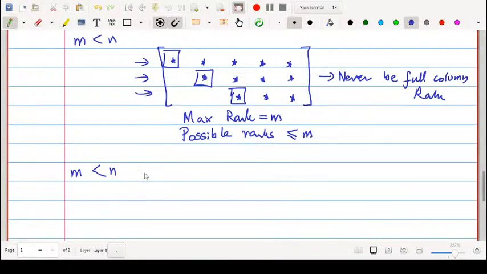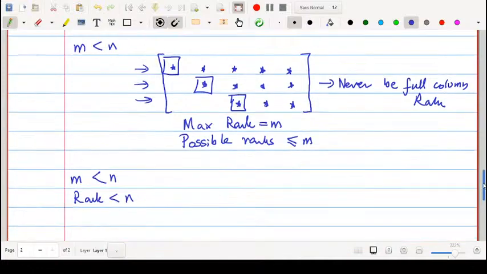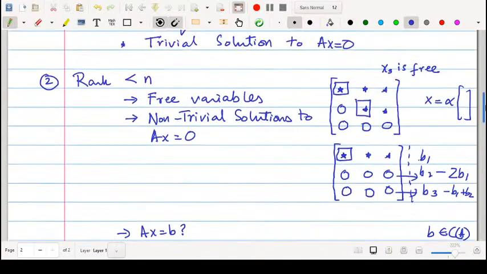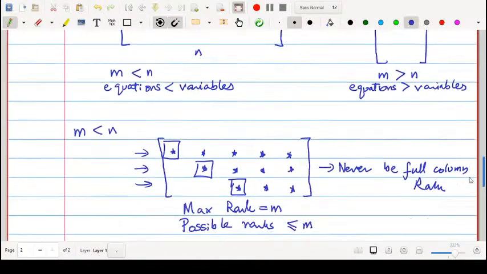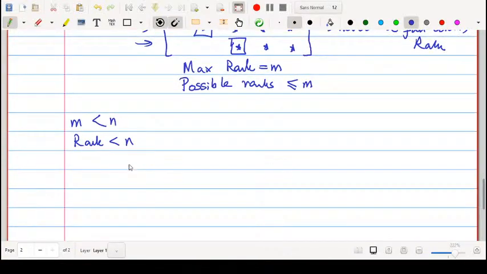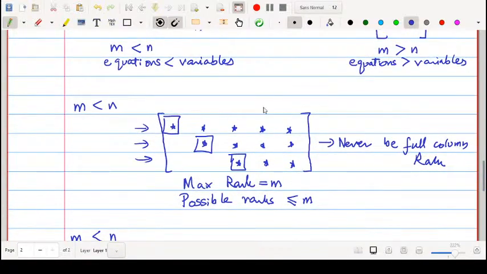Which means your rank is less than n, and you're in the situation you were in before with a square system where your rank was less than n. Your number of pivots was less than the number of columns, which means you always get free variables. So at least we know for sure that every variable after this one is going to be free.